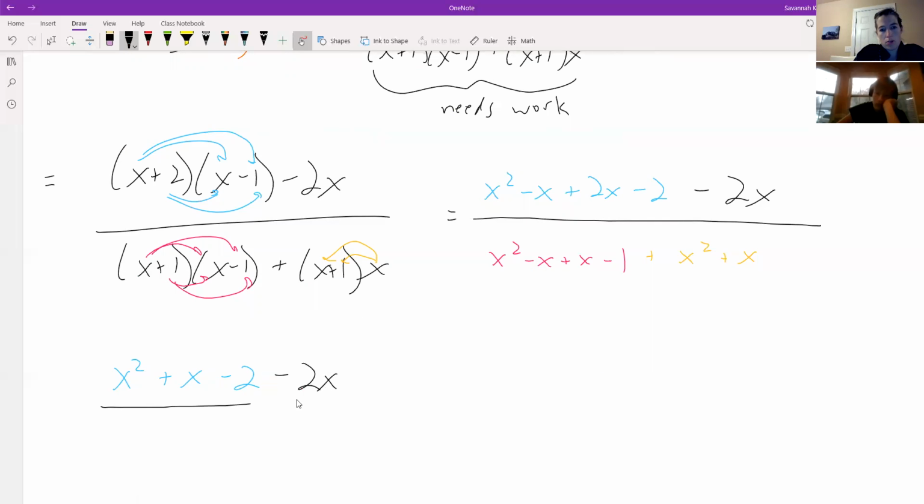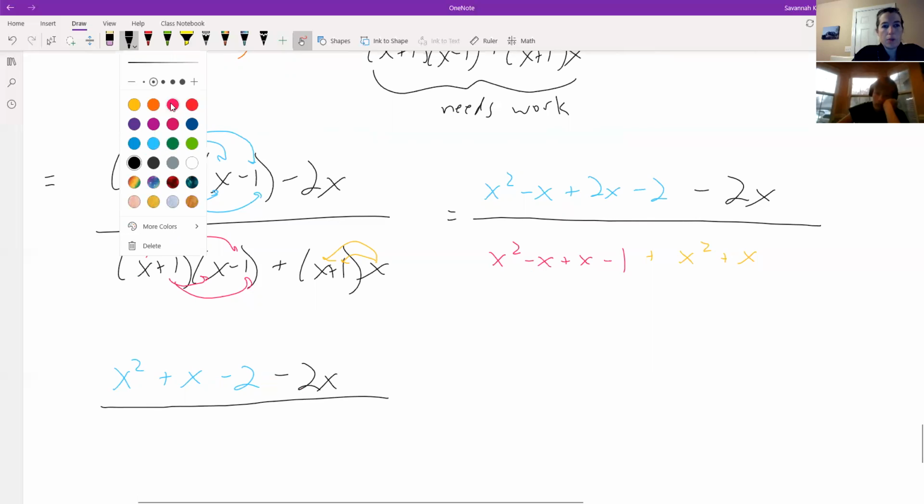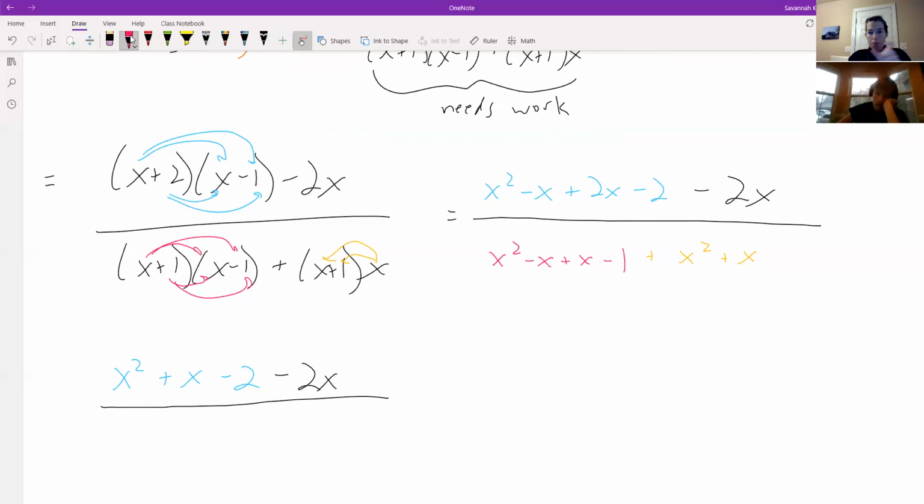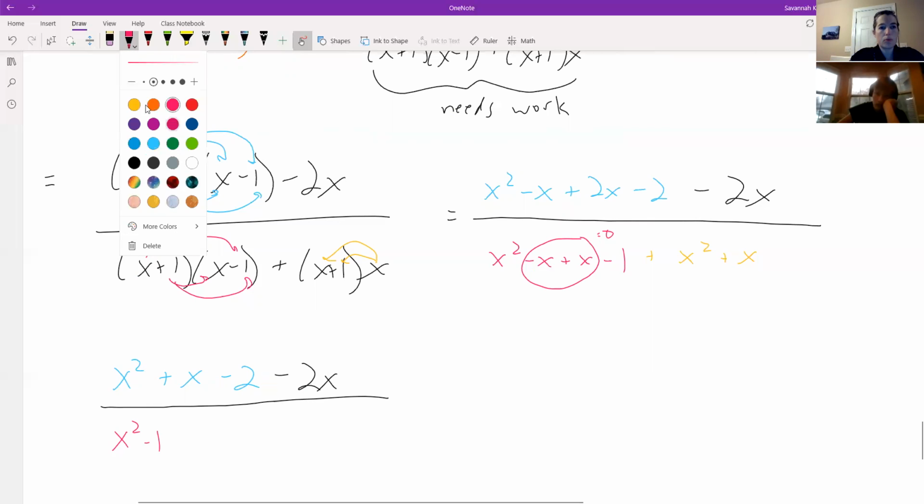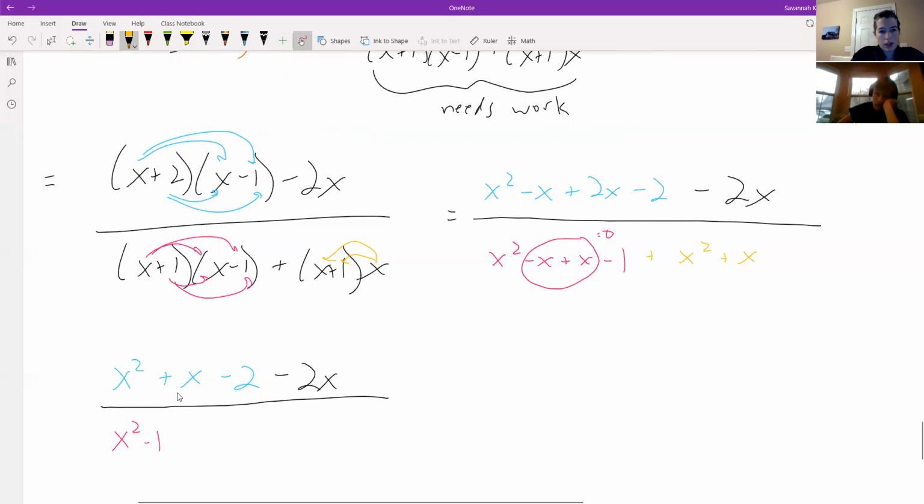And notice I'm cleaning up within the colors. I'm cleaning up the colors separately, and then I'll start looking across and see if there's anything else that can combine. These two just equal 0, so it's gone. And then really, plus x squared plus x, nothing happens there.